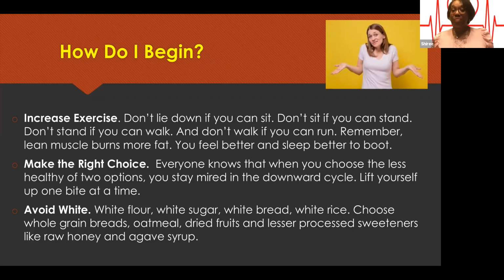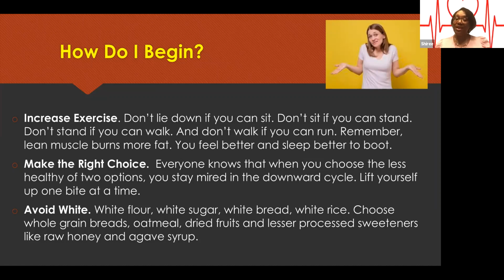And think about the habits that you have to break. Say you're the person that whenever you get your meal, you always put salt on it. That's a habit that you're going to have to learn how to break in order to promote decreasing sodium in your life. And so avoid the white. That's white flour, white sugar, white bread, and white rice.